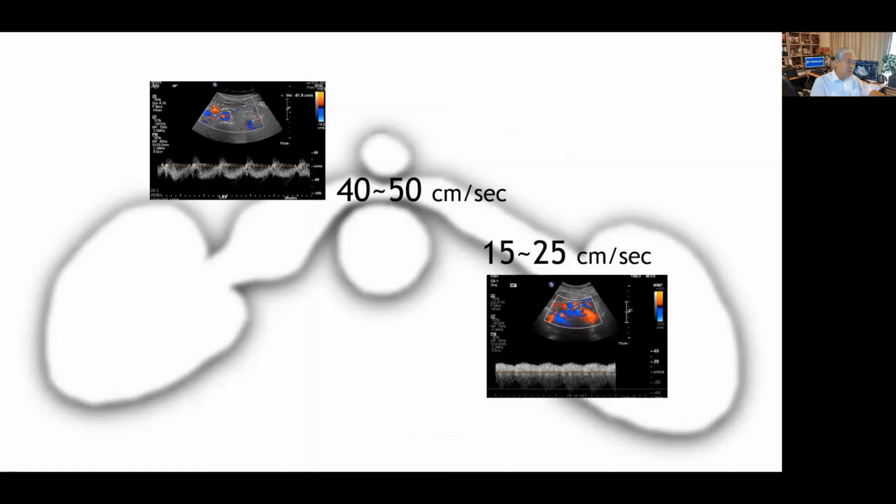Normally, there is a subtle compression and narrowing of the left renal vein between the aorta and the superior mesenteric artery, and the normal flow velocity in the aorto-mesenteric left renal vein is 40 to 50 centimeters per second, which is slightly higher than that of the hilar left renal vein, 15 to 25 centimeters per second.